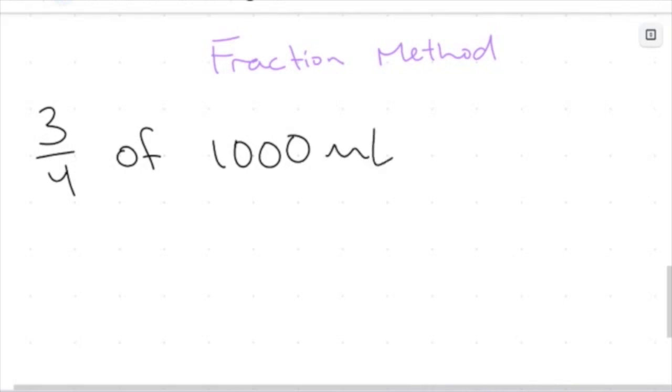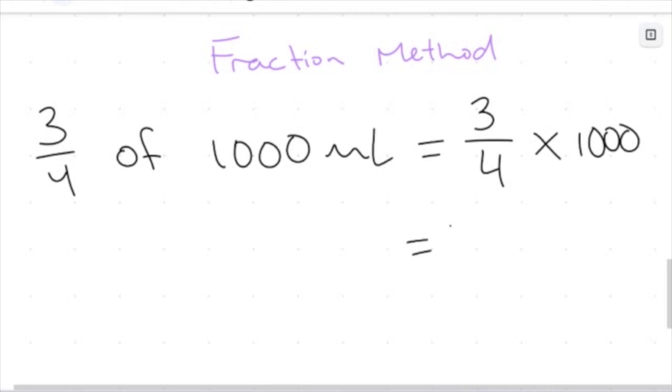Now, this shouldn't be new, I'm hoping, because we've covered this in the previous video topic on fractions, decimals, and percentages. But we can find 3/4 of 1,000 mils by just multiplying this. We're finding 3 out of 4 lots of 1,000. And if you were to put that in your calculator, 3/4 of 1,000 is 750 milliliters.